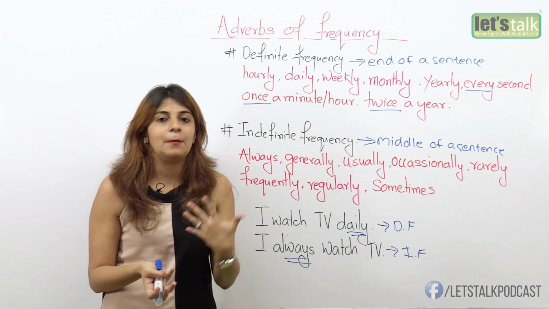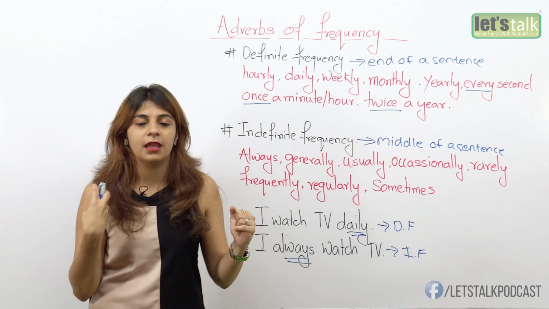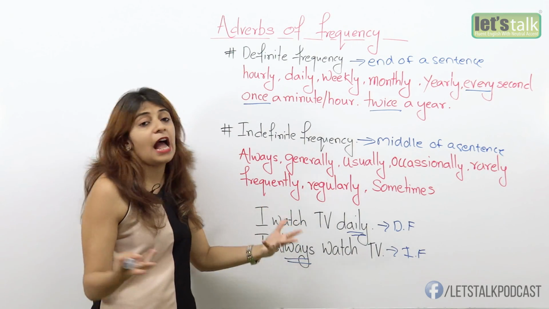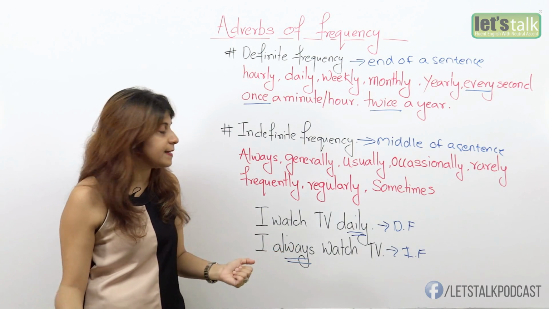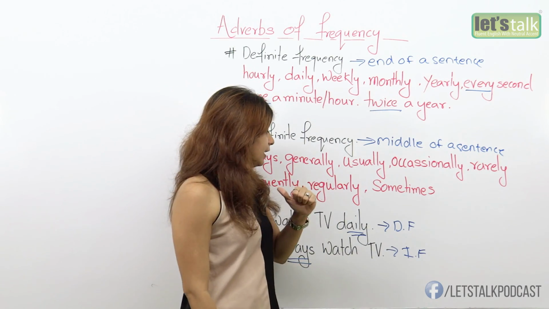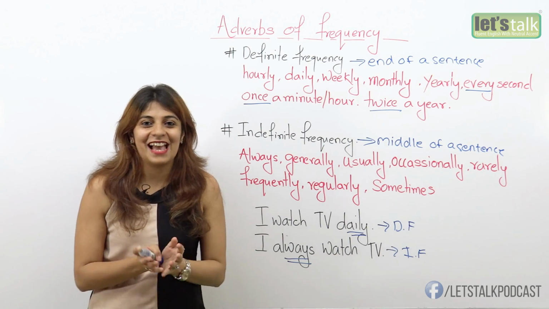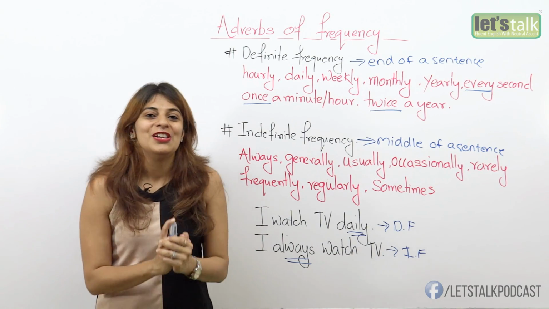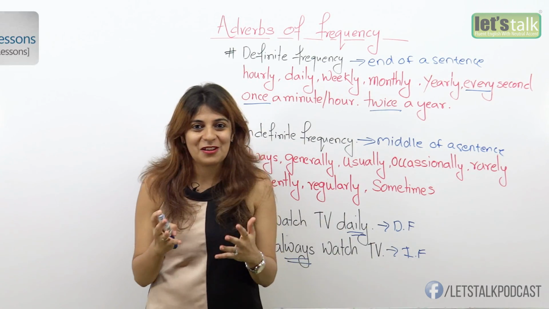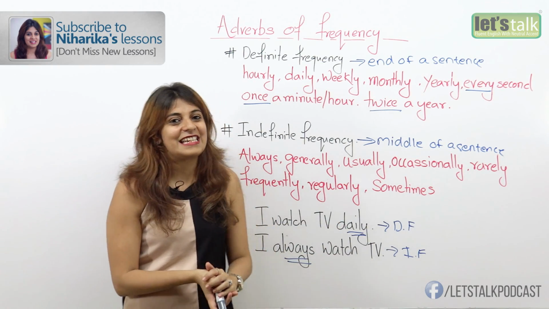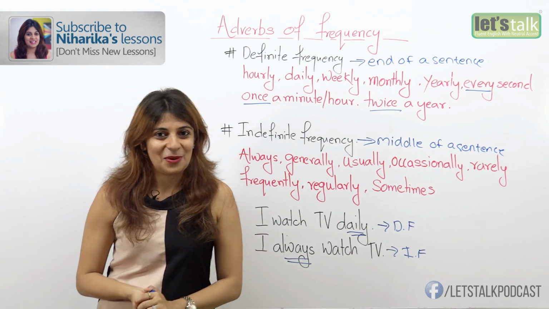So either it can be on Mondays, either it can be once a week, either it can be on the weekends. Yes, I frequently visit my parents. Then we have regularly. My parents regularly come see me. Yes, they love me too much, so they visit me on regular basis. Therefore, I'm using the word regularly as an indefinite frequency adverb.